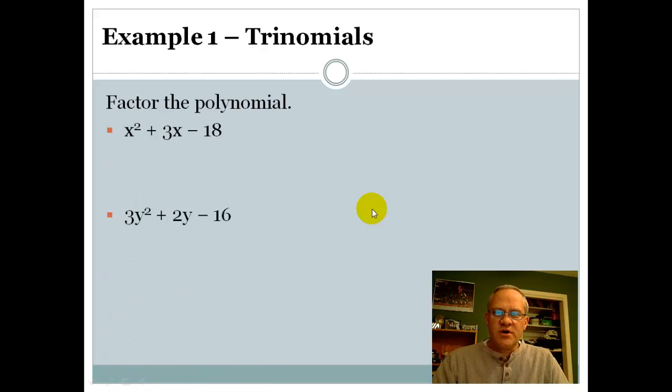All right, so first of all, trinomials. Just a quick review on these again. Remember, when you've got a trinomial here, and first of all, this is one with no number in front of the x squared. And so it's kind of simple. It's a little shortcut we can do here. Remember, we just look for the number at the end. It's a negative 18. And we say what times what gives me negative 18, but adds up to 3.